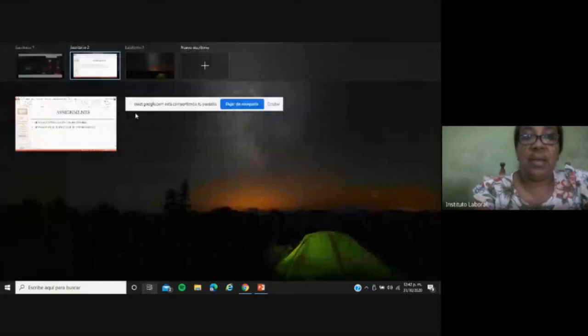The class is very easy and relaxed. Es muy relajante. I don't like to complicate. No me gusta mucho. So we have the action verb. We are clear with the action verb. We underline the action verb. We find it in the sentences.